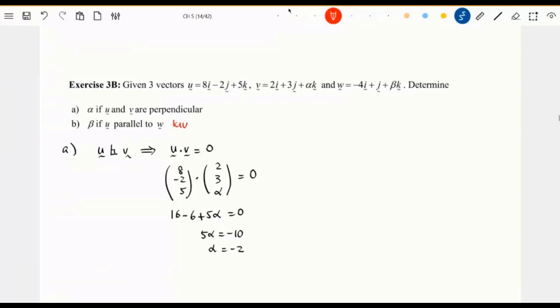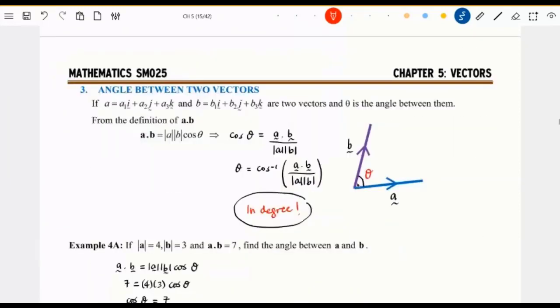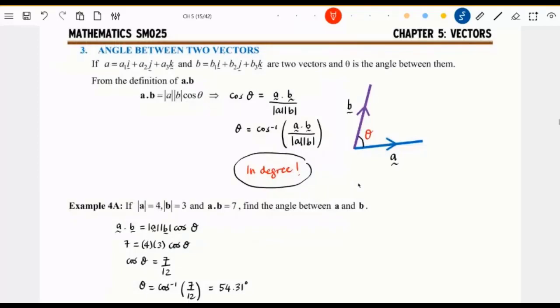Okay, the next one will be finding the angle between two vectors. Macam saya cakap tadi, angle in vectors must be in degree. Whatever happen, dia mesti dalam degree mode. By the formula of scalar product, we find the angle by rearranging the formula to make theta the subject.